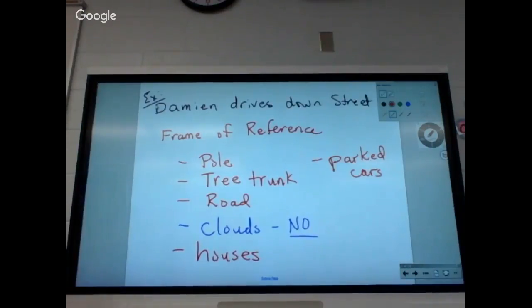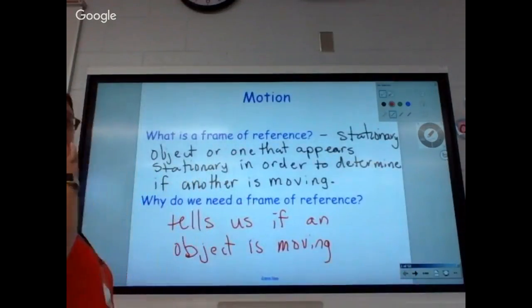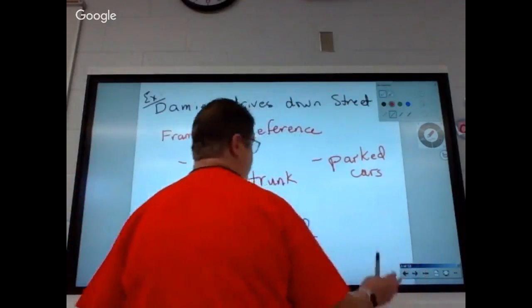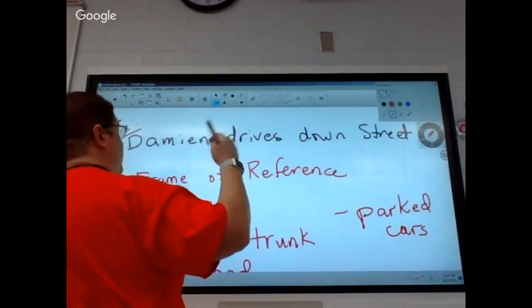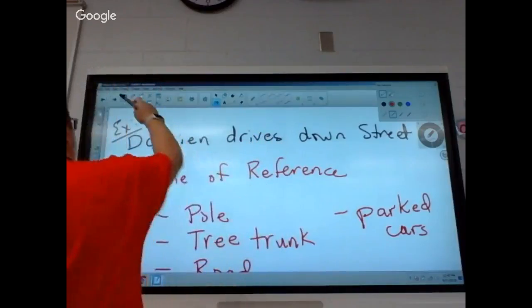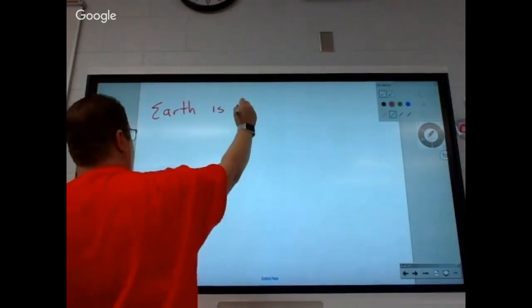That's why back here in the definition, I said we had to appear stationary. I was wondering if anybody would argue with me on that definition a little while ago. So, all of these things that y'all gave me, tree trunk, and all that, were attached to the earth. So you could have said the earth as the frame of reference. Now, when we talk about the earth is moving, right?